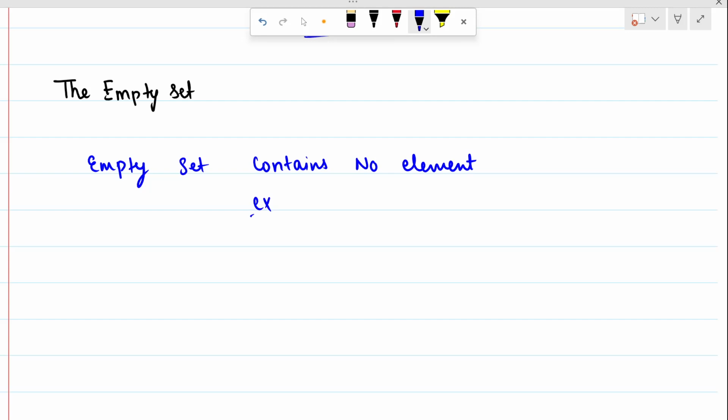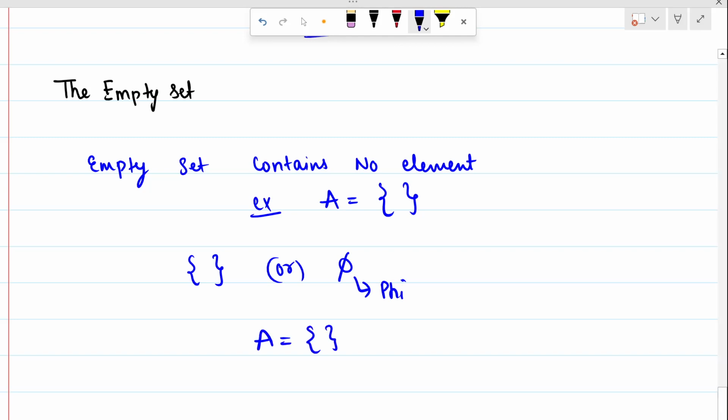Example: A is a set with no element in it, and it is denoted by curly braces with nothing inside, or phi. So we can write A like this, or A is equal to phi.